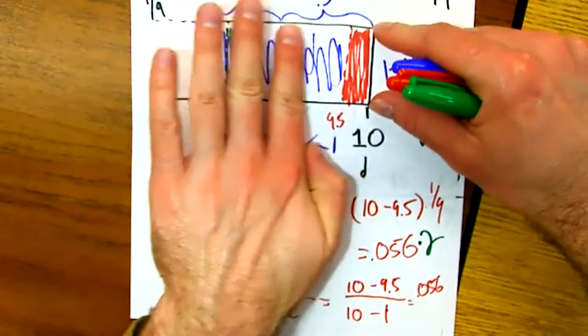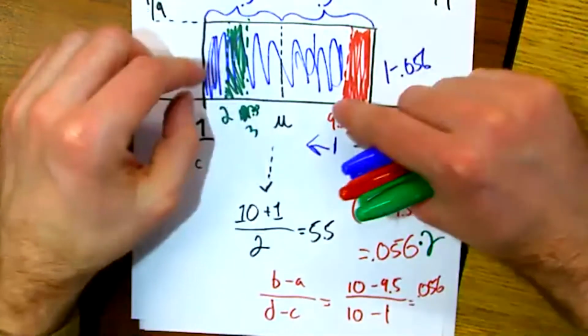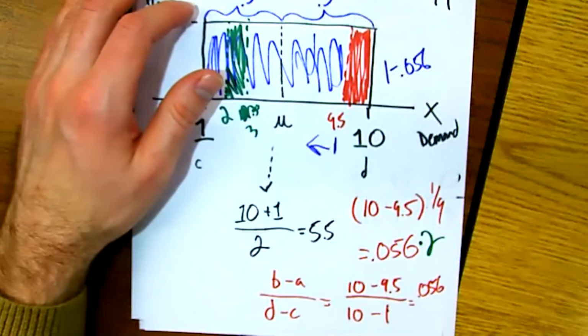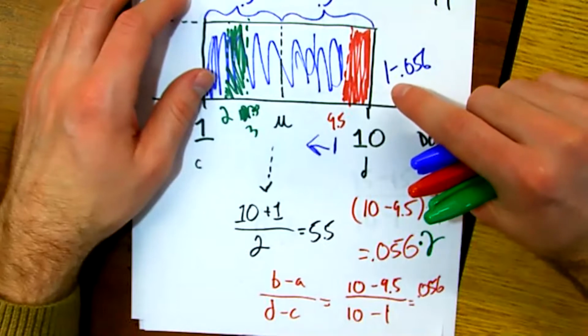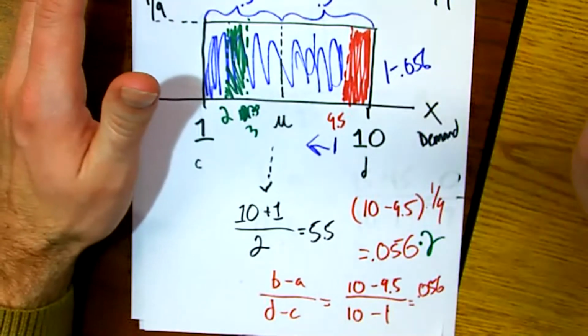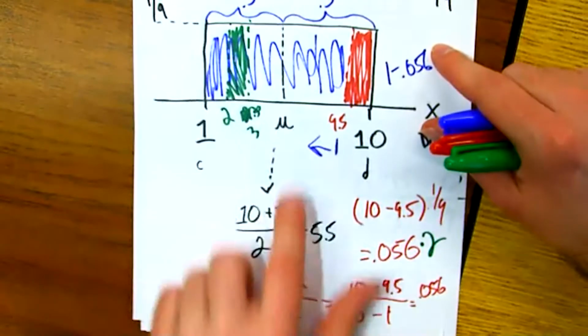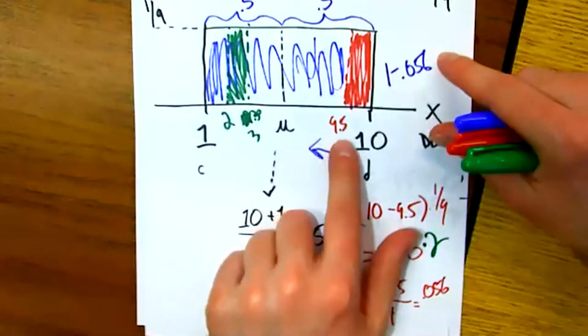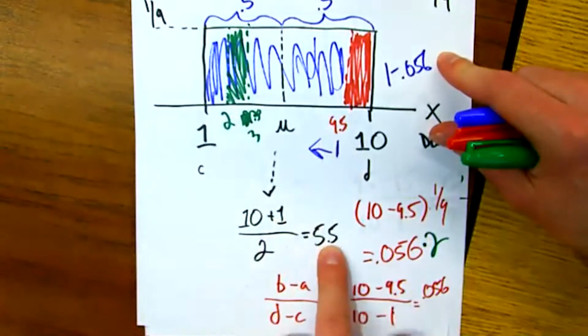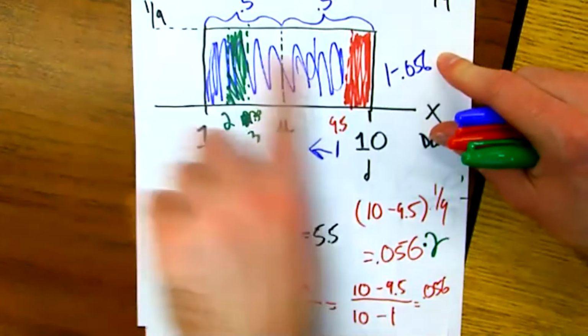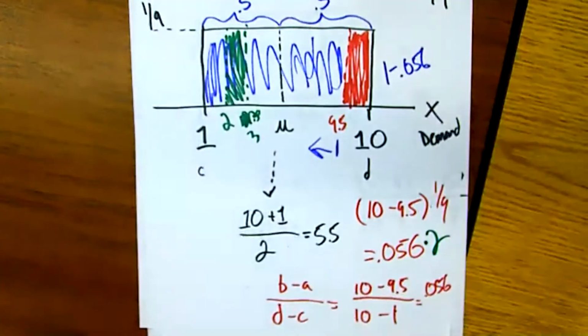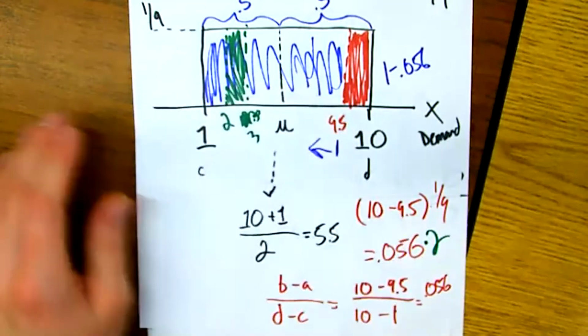So now I just want the area of this blue rectangle, between 9.5 and 1. I know it has to be greater than what value? I think someone was saying 0.5. Why? Well, I know that the area to the left of the mean is 0.5. I'm now looking at a value that is greater than the mean, so the area to the left of that, or seeing something less than that, has to be greater than that 0.5. The visual helps us out a little bit.